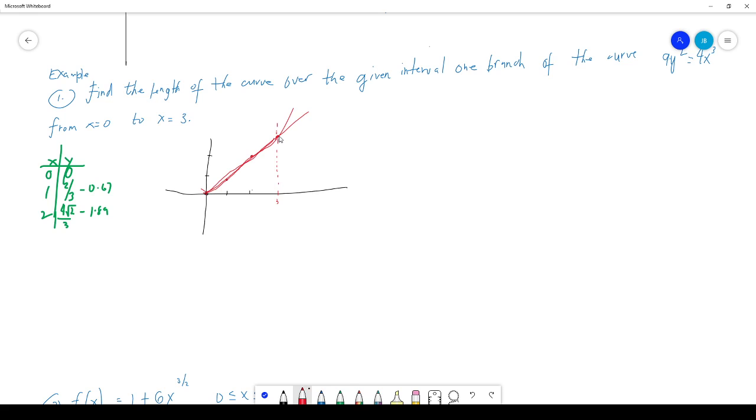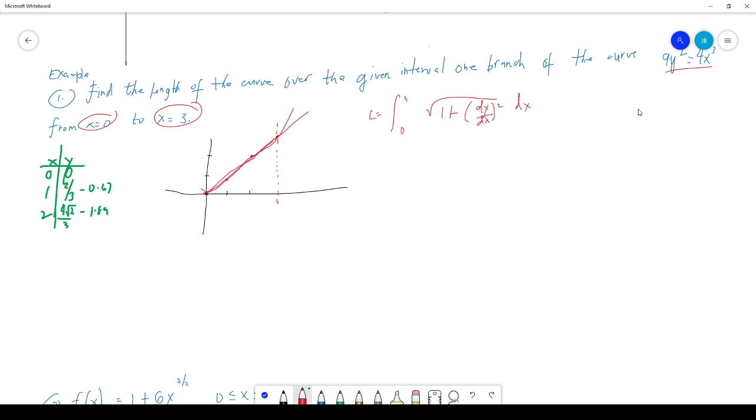We already have the limits, but we don't have dy over dx yet. Our formula is the integral from 0 to 3 of the square root of 1 plus dy over dx squared, dx.